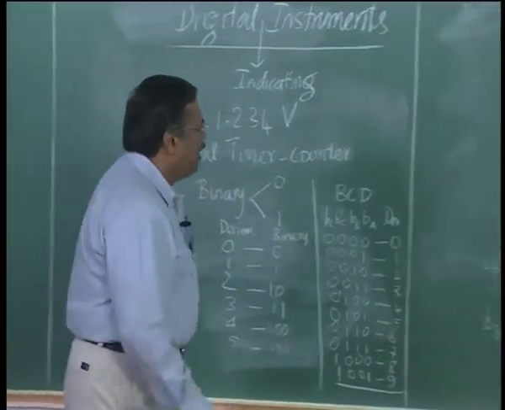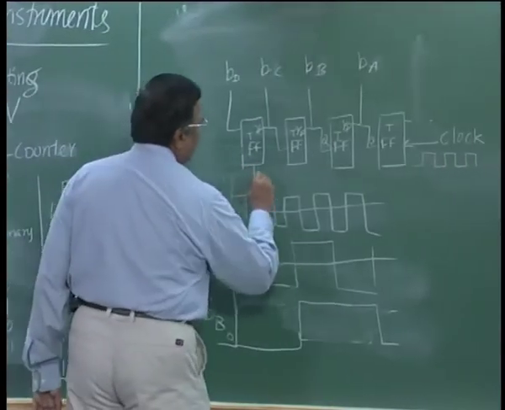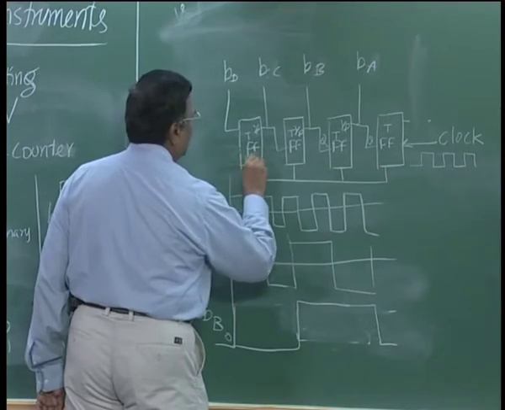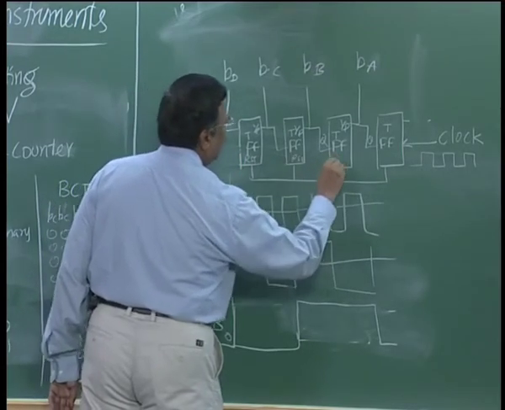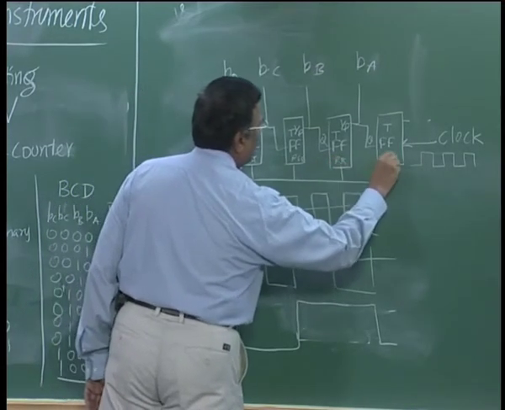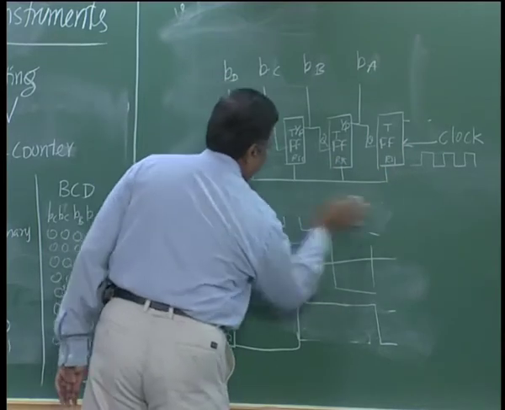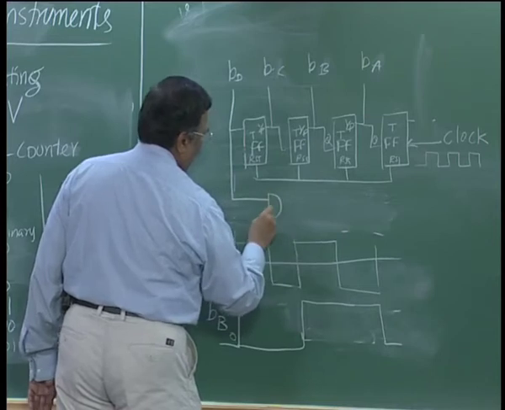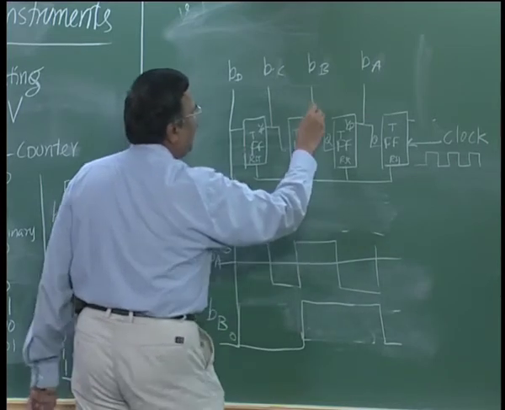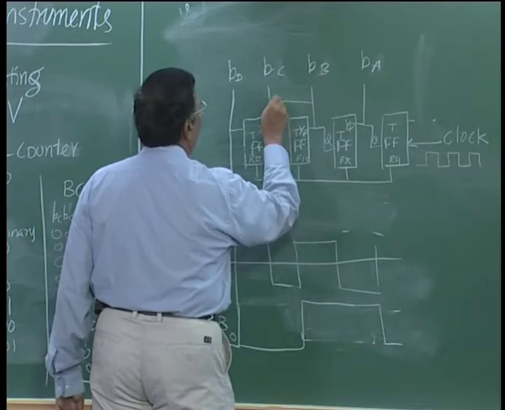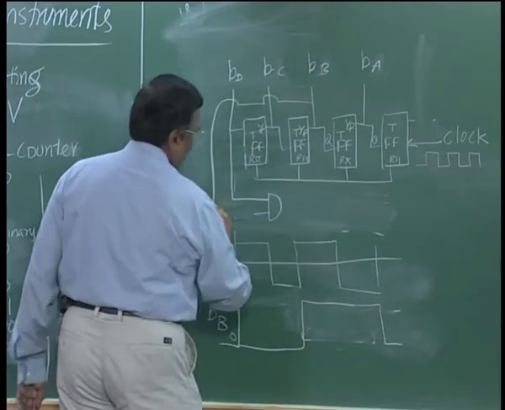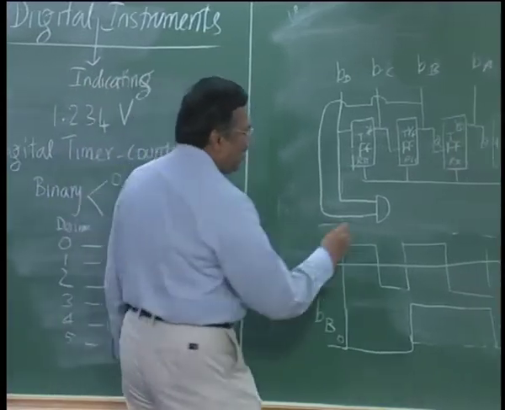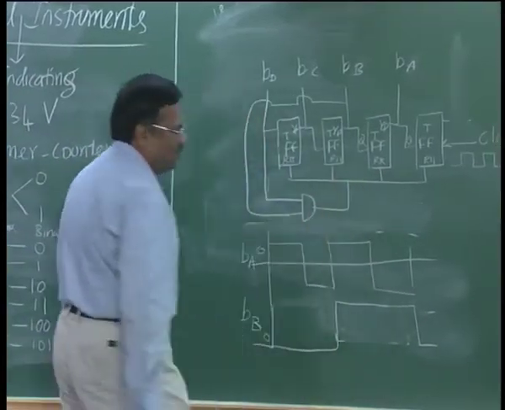So, if I take the reset pin of all the flip flops, RST, RST, RST, RST, and then connect my BB and BD to an AND gate and connect it to reset, right.